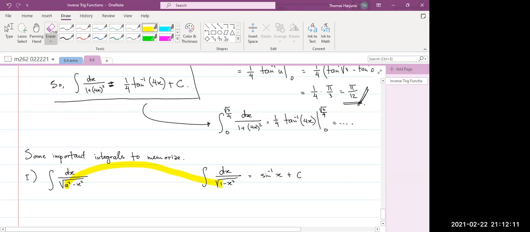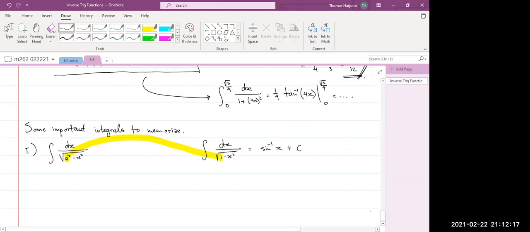Now, the key is to factor that square root of a squared out. And then later on, we do substitution. Let me show you. This is equal to the integral of dx over square root of, I factor the a squared, 1 minus x squared over a squared.